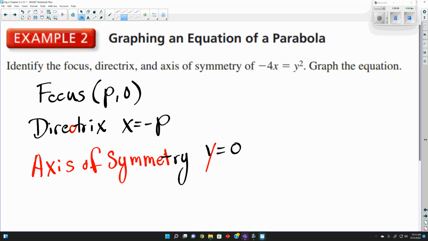Now, what is the general equation for this here? X is equal to 1 over 4p times y squared. This is the general form. Is the equation that they gave us in this form? Because what did they give us? Negative 4x equals y squared. The general form has what? X by itself, okay.